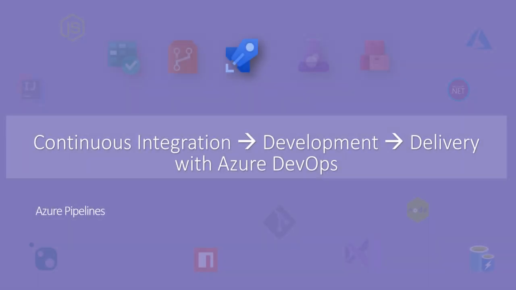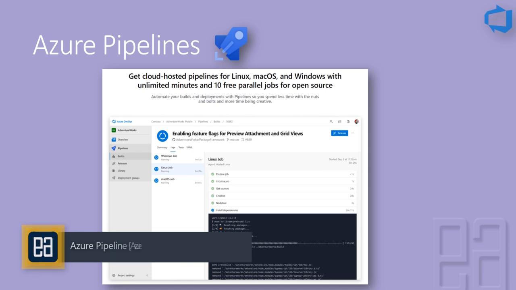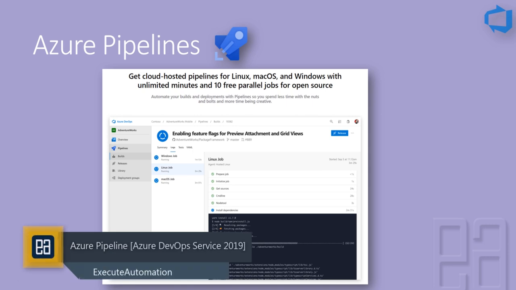So before jumping into the Azure pipelines, the good news is you get cloud hosted pipelines for Linux, Mac, and Windows with unlimited minutes and 10 free parallel jobs for open source projects. The open source project is something that we are using as a project template right now in this whole course. So we get unlimited minutes of execution for the agents which are in these ecosystems like Linux, Mac, and Windows operating system, which is really cool.